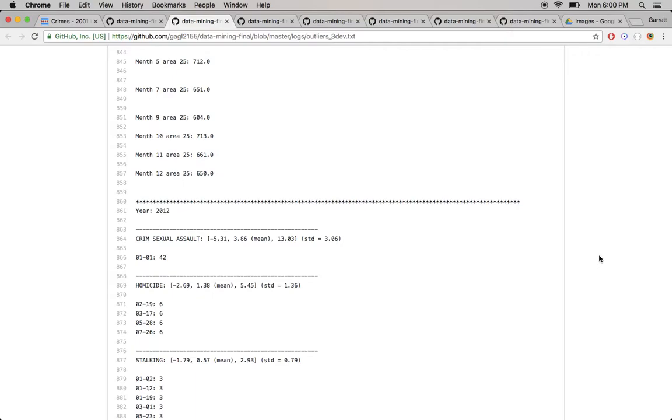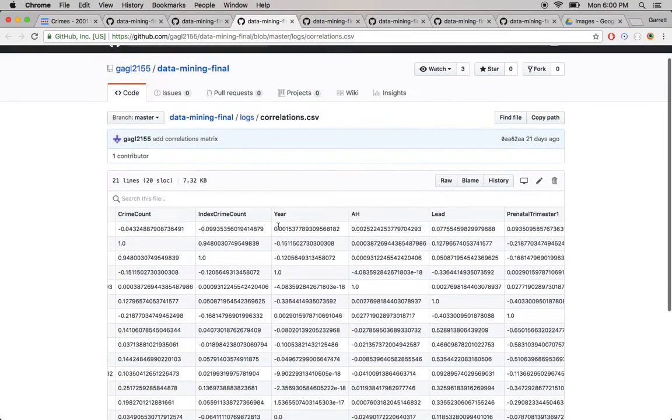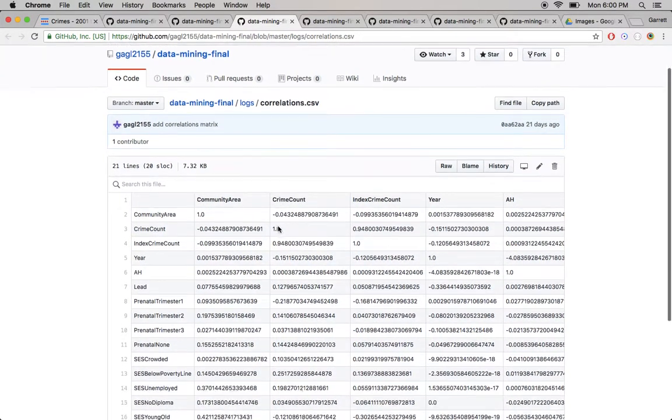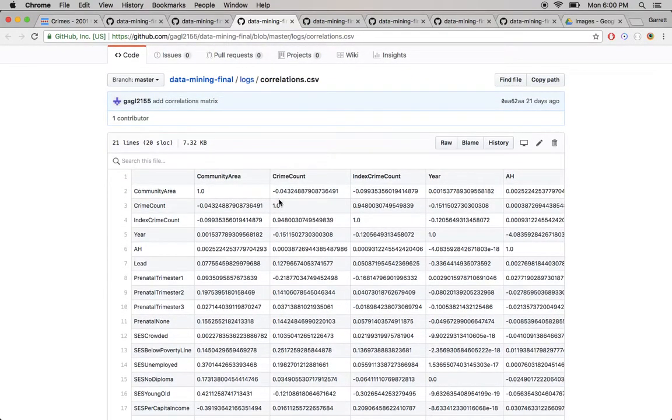So you can see here there's a log file representing what crimes and what community areas are outliers as far as crime rates within Chicago. Another thing we did was create a correlation matrix of crime data versus various socioeconomic and public health metrics, as you can see here on the GitHub.